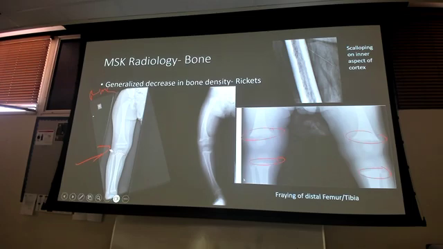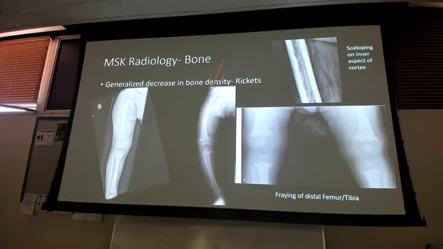That nice, bright, whitish line is really clear on that kid. But when I come over here, where's my cortex? I can't really tell. It's got this fraying at the ends of those bones from the lack of vitamin D in the rickets. Another sign is the bow-leggedness right here.